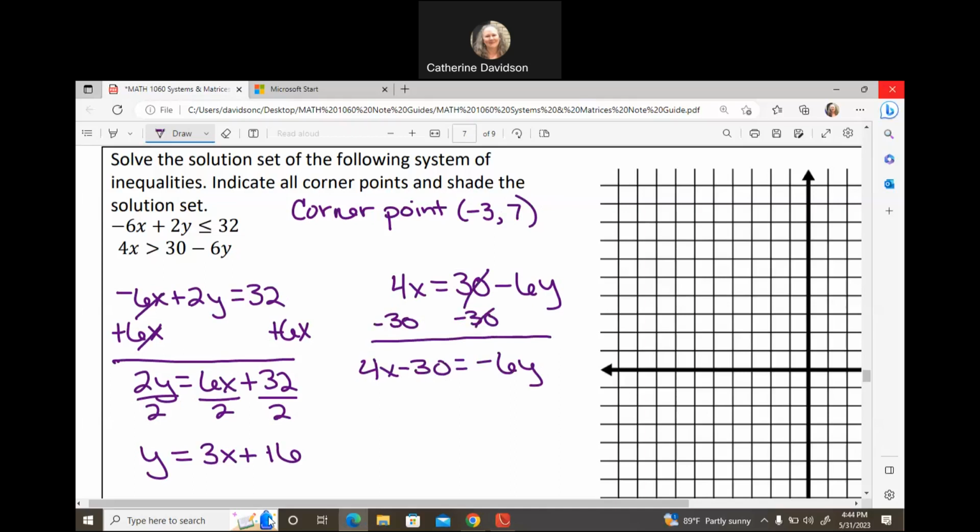From there, I'm going to divide everybody by -6. So 4 over -6 reduces to -2/3. You can leave it as 4 over -6. The calculator doesn't really care. -30 divided by -6 will give me a +5, and that's going to be equal to y.